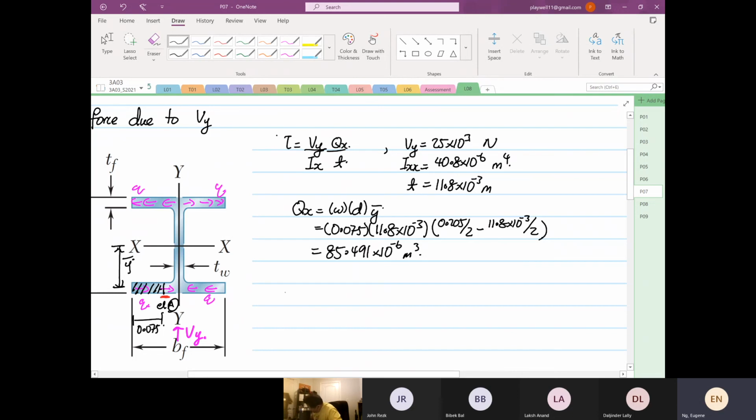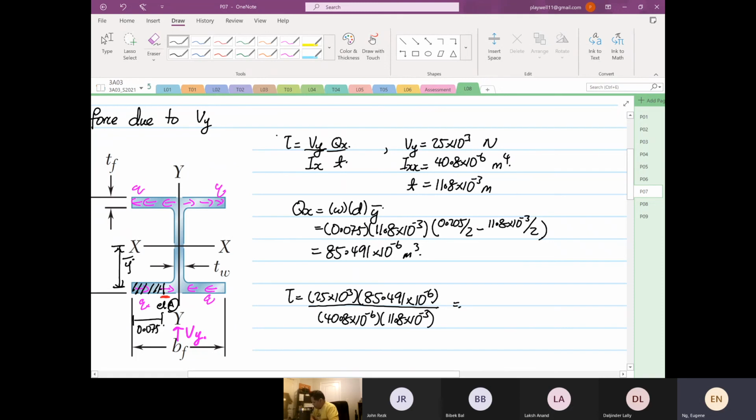Okay, so now you can calculate your shear stress, which is equal to 25 times 10 to the power 3, Qx is equal to 85.491 times 10 to the power minus 6, divided by 40.8 times 10 to the power minus 6, and divided by the thickness 11.8 times 10 to the power minus 3.